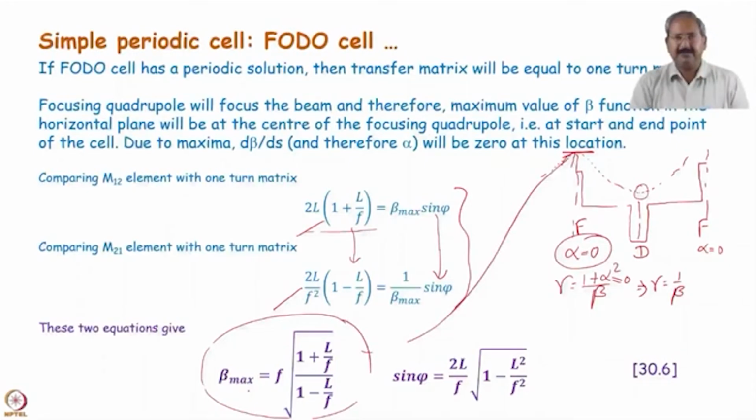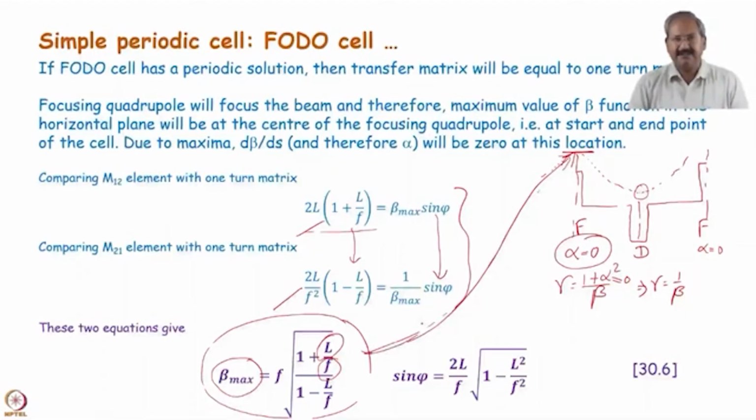This value of maximum beta, in terms of magnetic or optics geometry, depends on the length of the drift space and the focal length you have chosen for the quadrupole. Using these parameters you can obtain the value of beta max here. This beta max is for a particular solution which is periodic in nature. So this beta max will give you the periodic solution of this FODO cell.